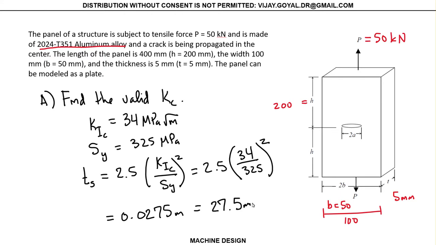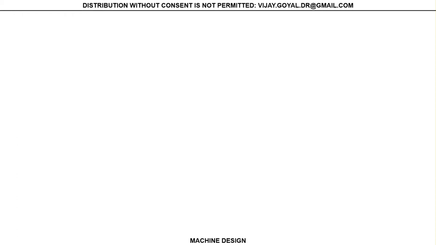27.5 millimeters. Okay, and you can see in the problem that the thickness given in the problem is less than the transition crack length.